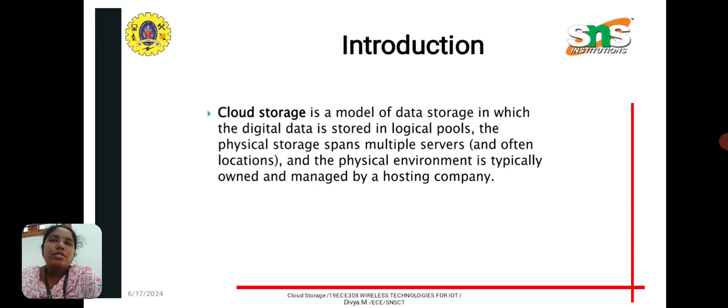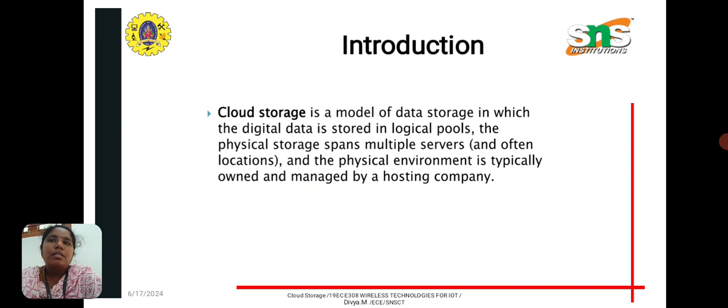File storage is data stored in a hierarchical file structure and accessed via file sharing protocols like NFS or SMB. Examples are Azure Files, Google Cloud Filestore, and Amazon EFS.